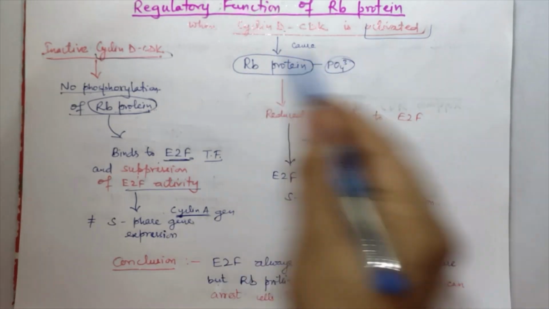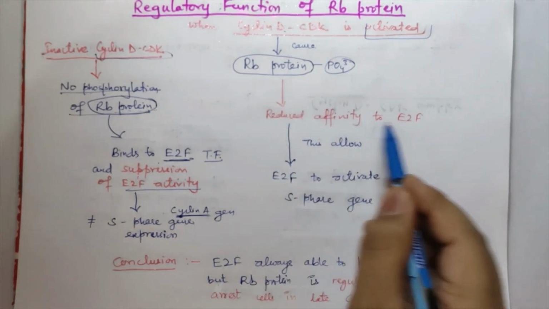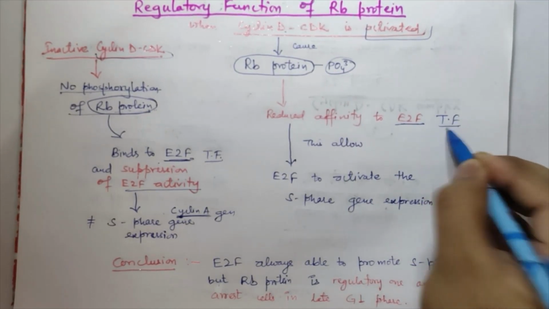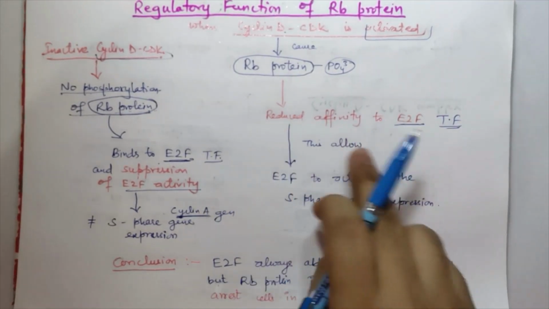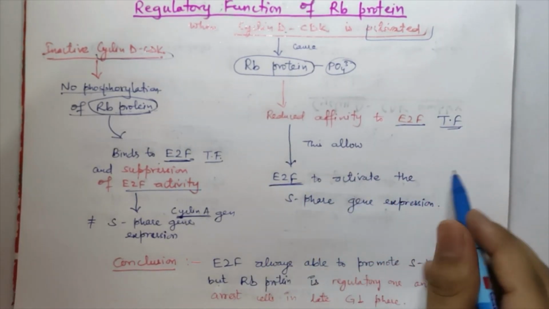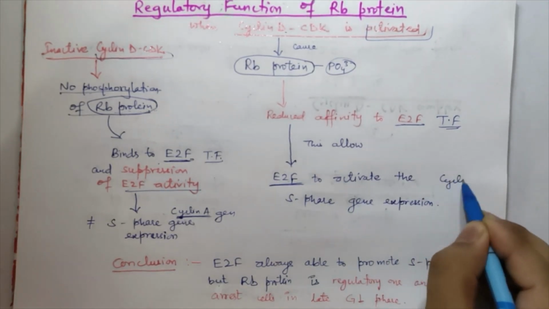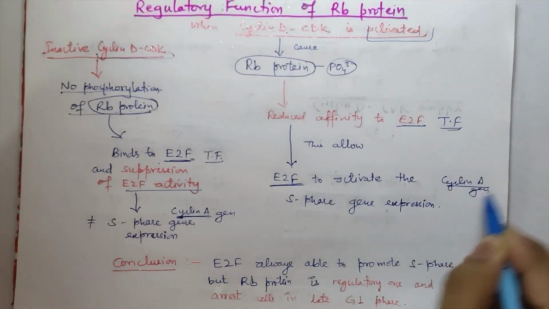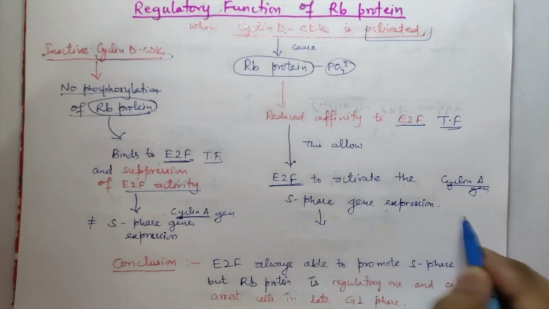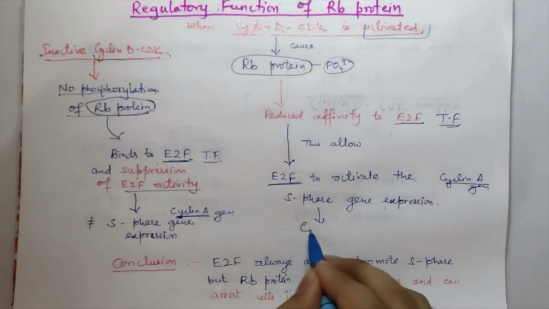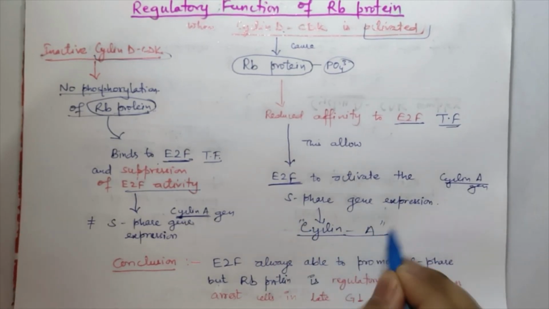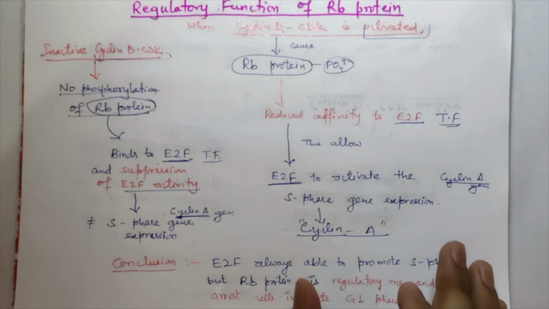This leads to reduced affinity of its binding with the E2F transcription factor, and this reduced affinity ultimately allows the E2F factor to bind with the DNA sequence of the cyclin A gene, and its expression leads to synthesis of S phase gene products, which here is cyclin A, and ultimately the cell enters S phase.